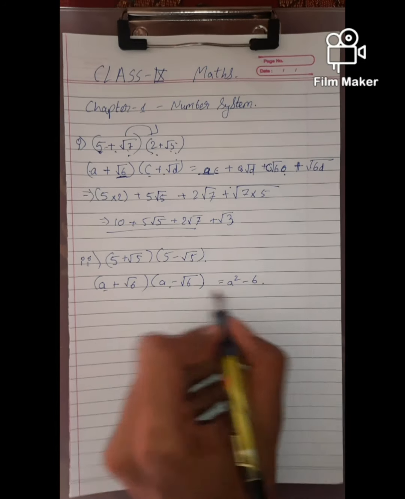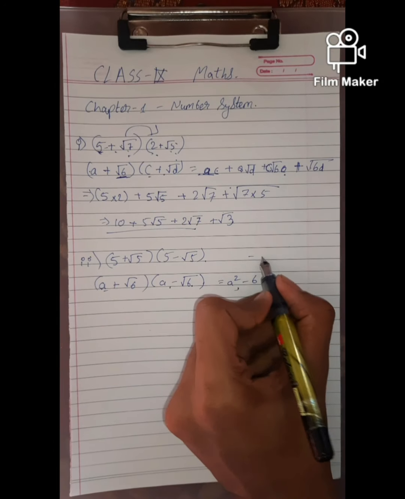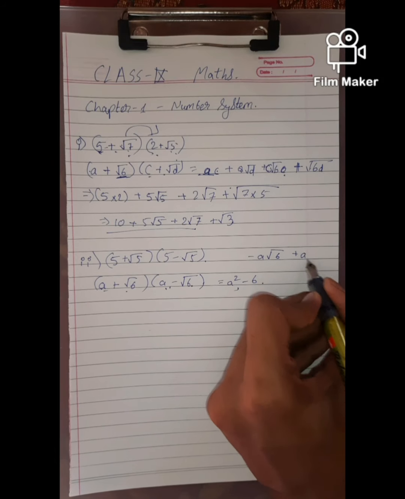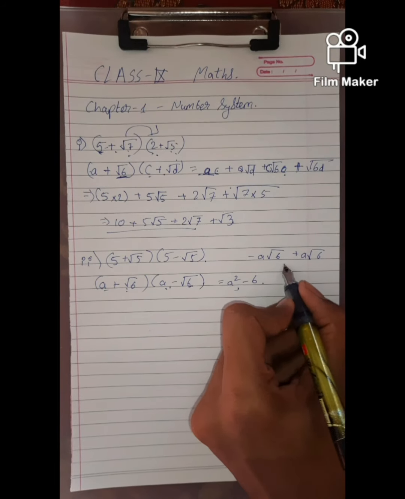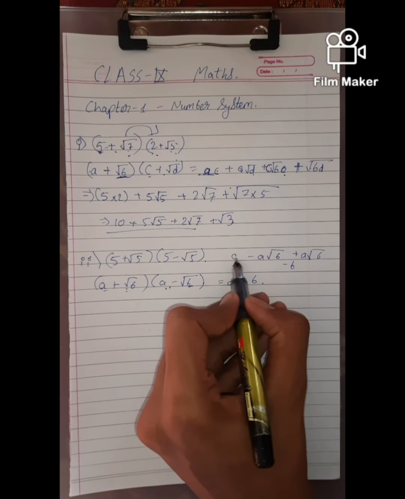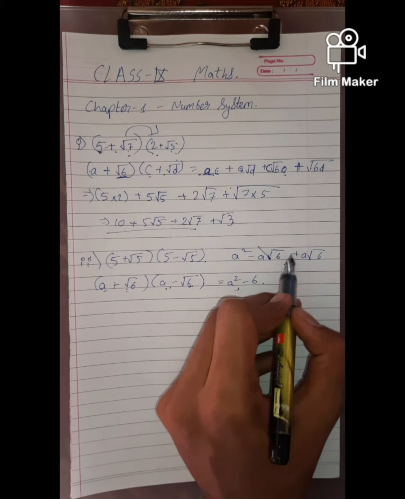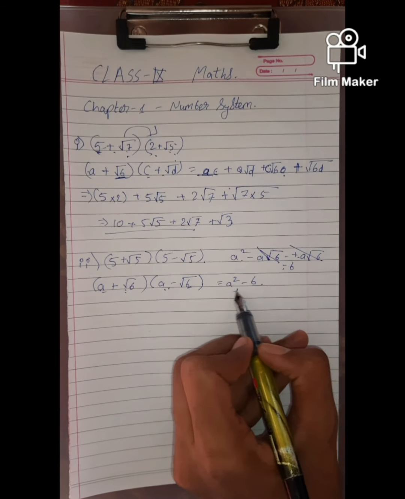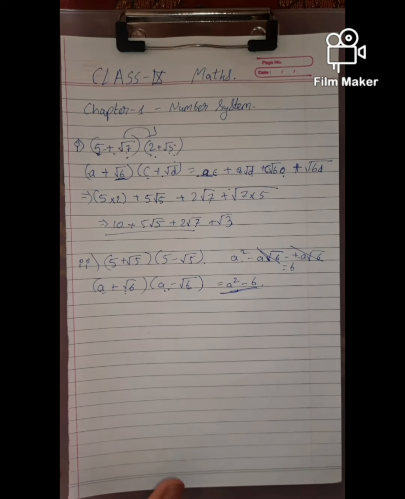As you know, a into a will be a², and a into √b will be minus a√b, and √b into a will be plus a√b, and √b into minus √b will be minus b. So minus a√b and plus a√b will get cancelled with each other, and we get a² − b. I already proved this in the previous video, so you can refer to that.